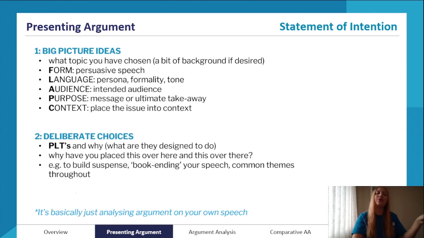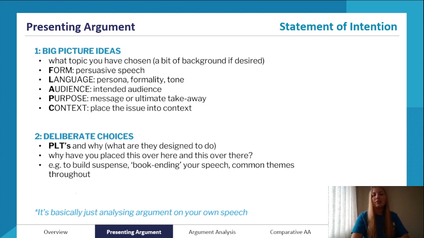And then you need to introduce your FLAPC factors in that paragraph as well, not in any particular order. So the form or the text type, of course, is a persuasive speech for all of you, and some language choices. If you have chosen to adopt a persona, you must state that, and you can also discuss a bit why you have chosen that persona.